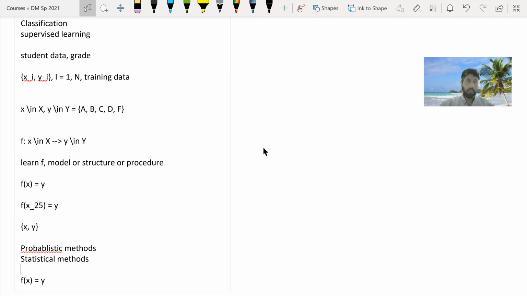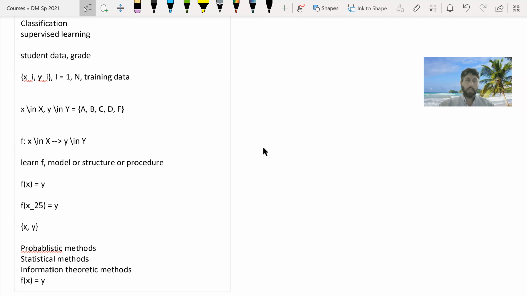And then the third one, which you may not find in many books, but I usually have this category as well, is called information theoretic methods.